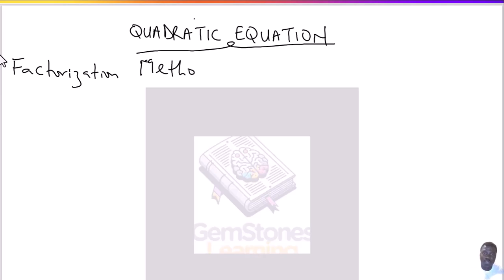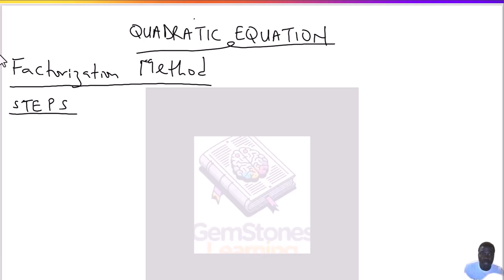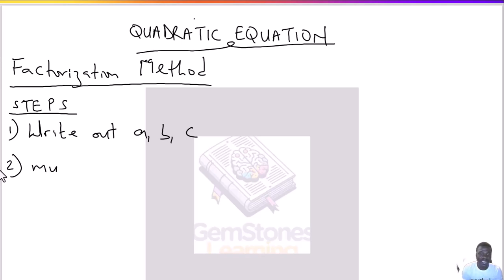And how do we make use of the factorization method? I'm going to give us the steps I usually use when solving with the factorization method. Step 1, write out a, b, and c. You might be wondering what a, b, and c are. Just hold on until I give you the general form of a quadratic equation. Step 2, multiply a and c.